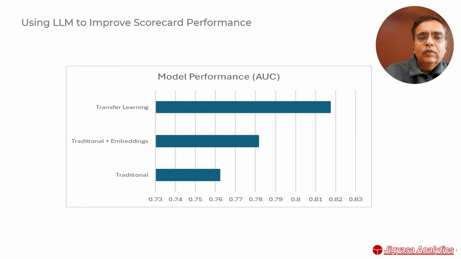In this case, we did this both with Llama 2 and DeepSeek, and then using them together, the model performs a lot better. And then finally, if we fine-tune a large language model's last layer, and then use it to predict the credit risk, which is called transfer learning, we essentially get even stronger results.